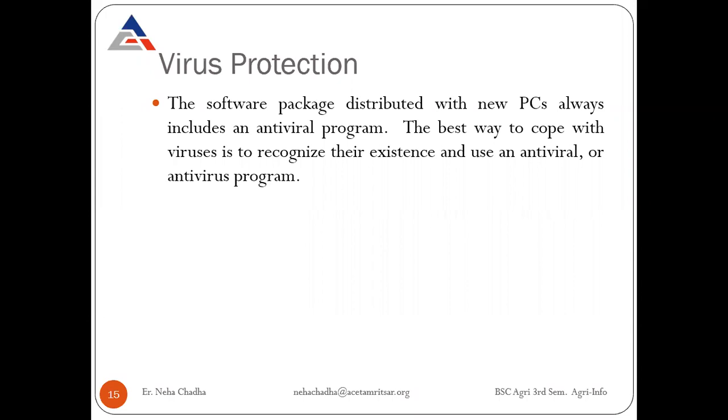You can protect your system by stopping unrecognized websites. You can block a website which may cause a virus in your system. These are the ways by which you can protect your system from viruses.